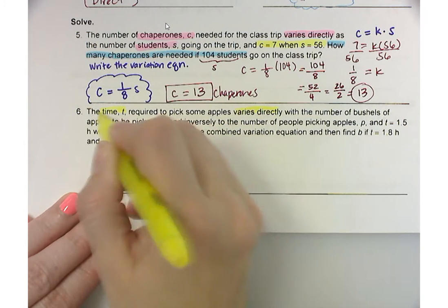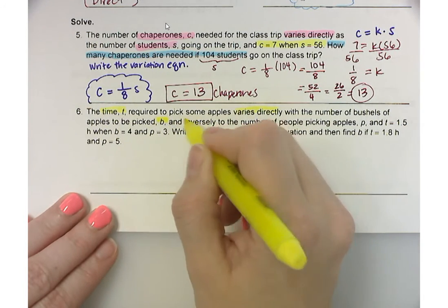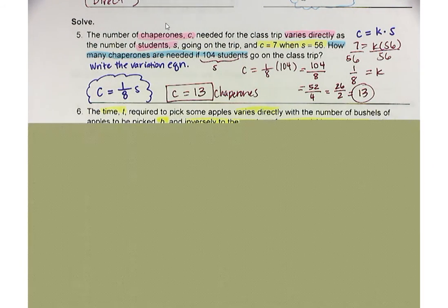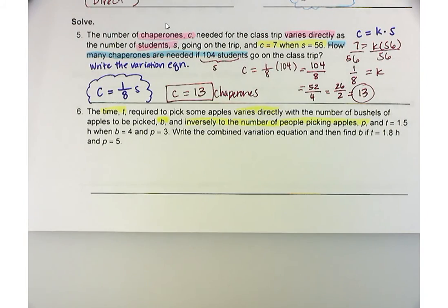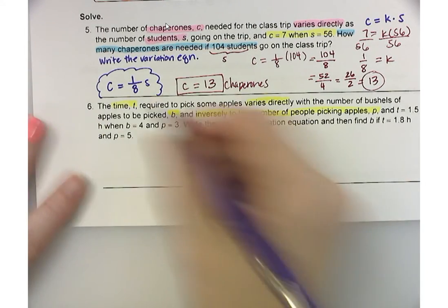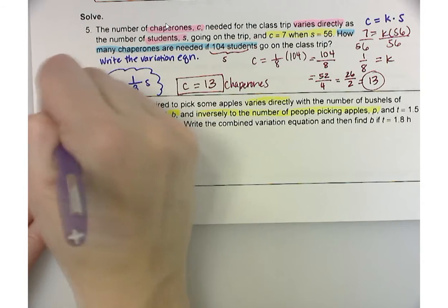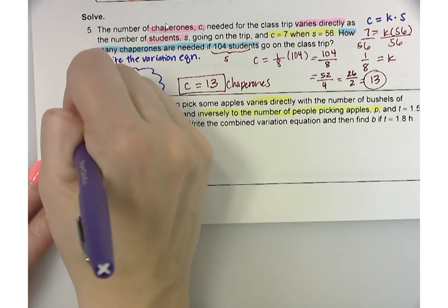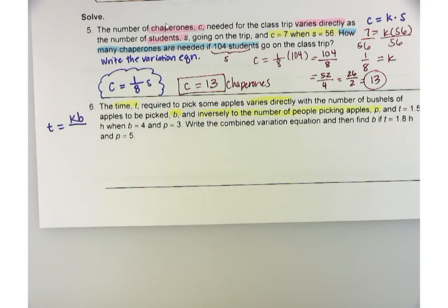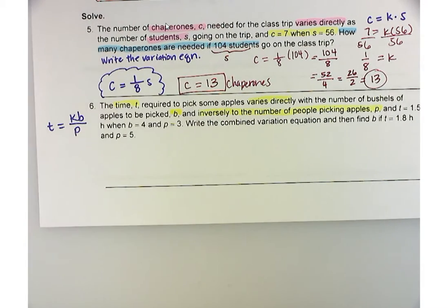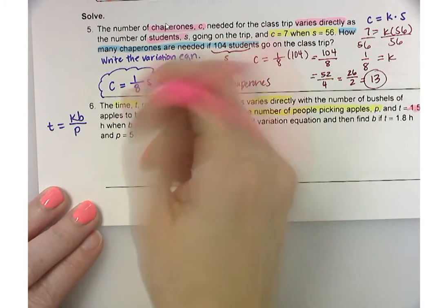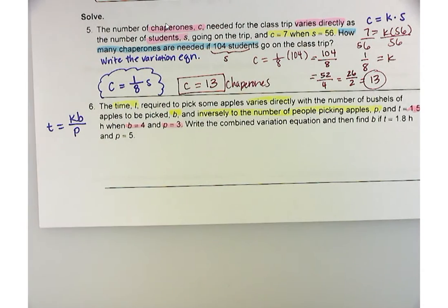So the time t varies directly with B and inversely to P. Okay, and we know that T is 1.5 hours when B is 4 and P is 3. And we are going to do both where we're writing the combined variation equation. And then we're going to find B given these values.